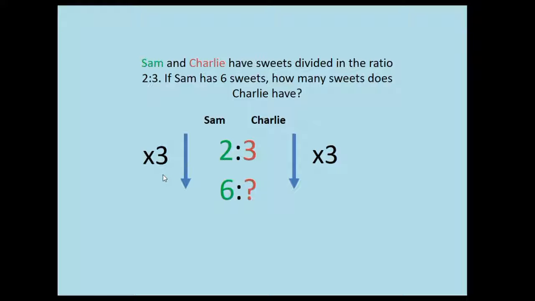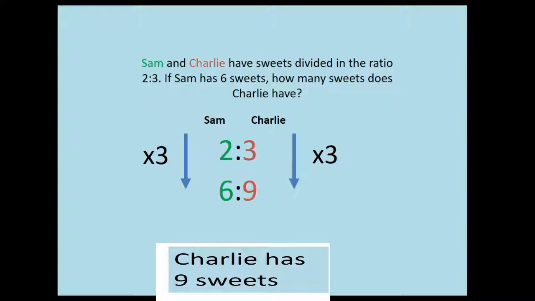Of course, we multiply by 3. So to find this missing value, we also need to multiply this top number by 3. This is very similar to the topic currency exchange, which we have covered previously. Therefore, Charlie must have 9 sweets.